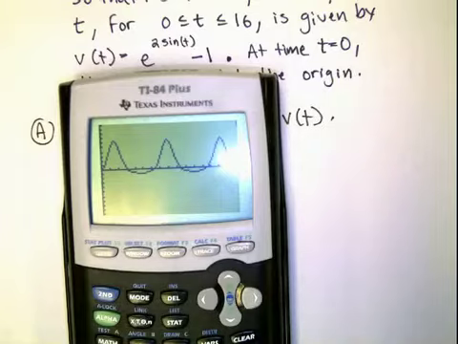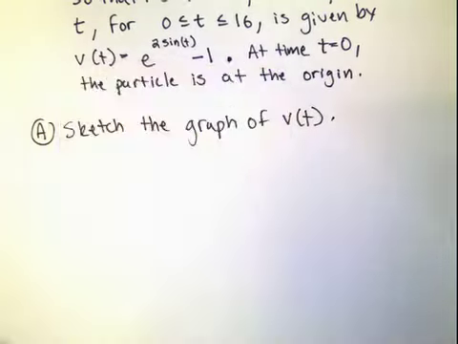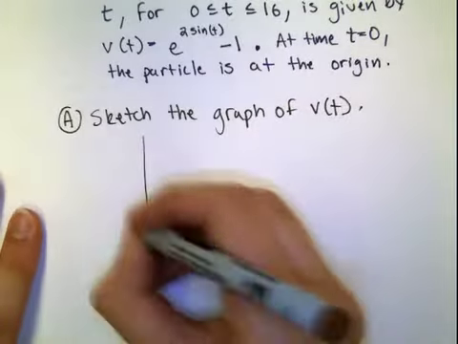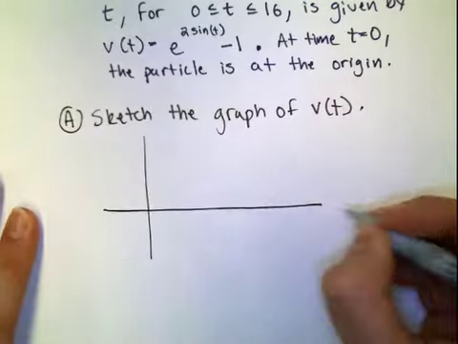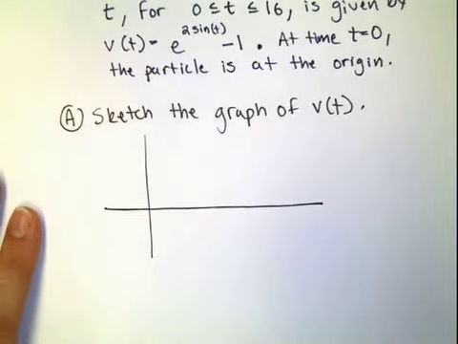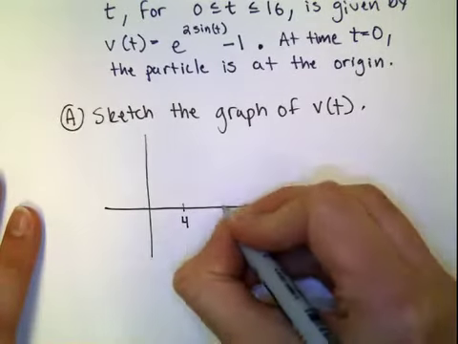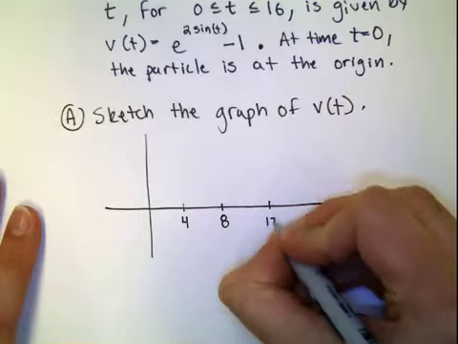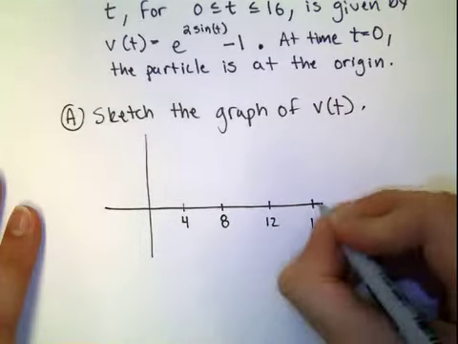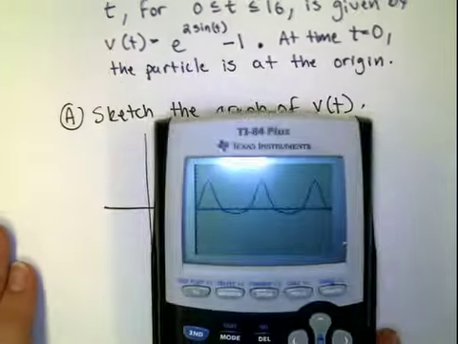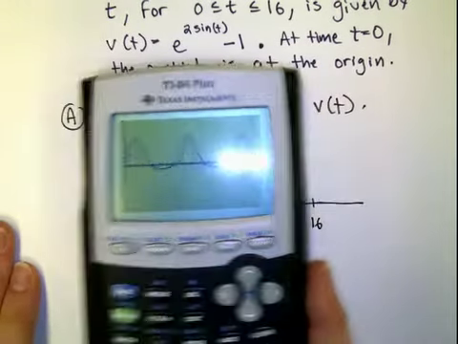It's a funky graph. So basically I'm going to copy this from the calculator and get it on paper. I'm going to draw my x and my y axis out to 16, and I'm going to make this easy: 4, 8, 12, 16. It looks like on the graph, the highest point, well, we can use our calculator.